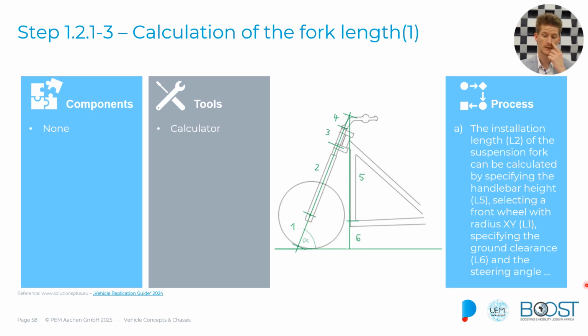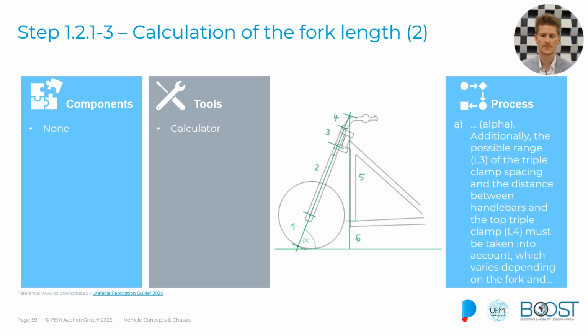And what do we need to do to get the installation length L2 in this case? We can calculate it by specifying the handlebar height, which would be L5 in this case, and selecting the front wheel radius L1. And we also have to establish the ground clearance, which in this case would be L6.